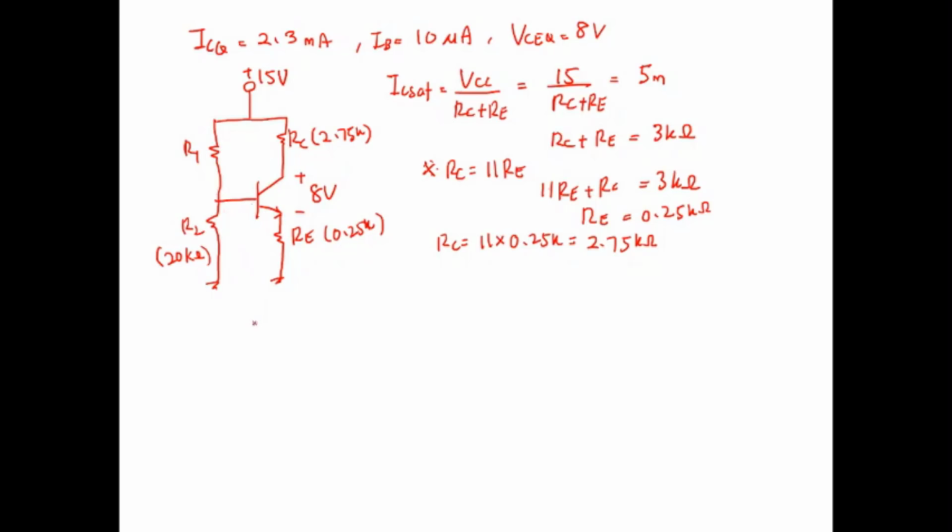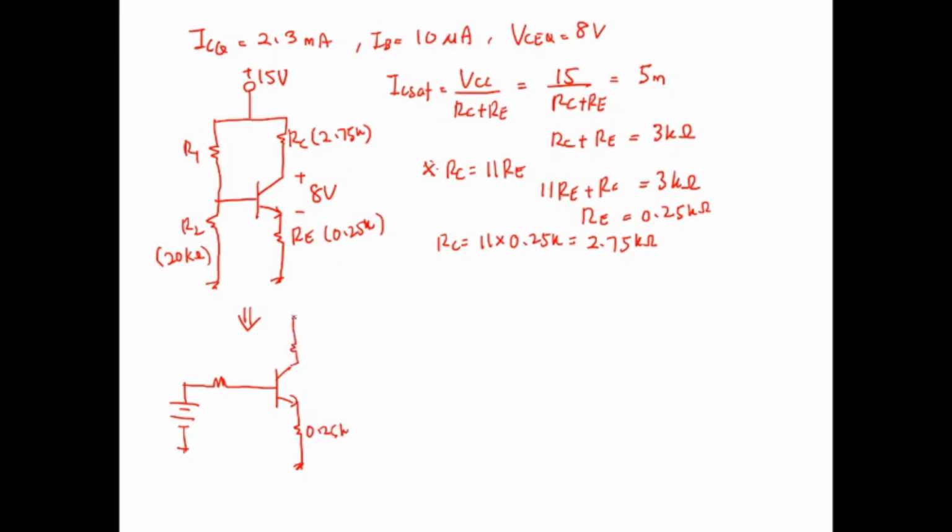For the voltage divider, these resistors connected to the base can be transformed using a Thevenin equivalent. So the simplified drawing will be something like this. This is 0.25k.